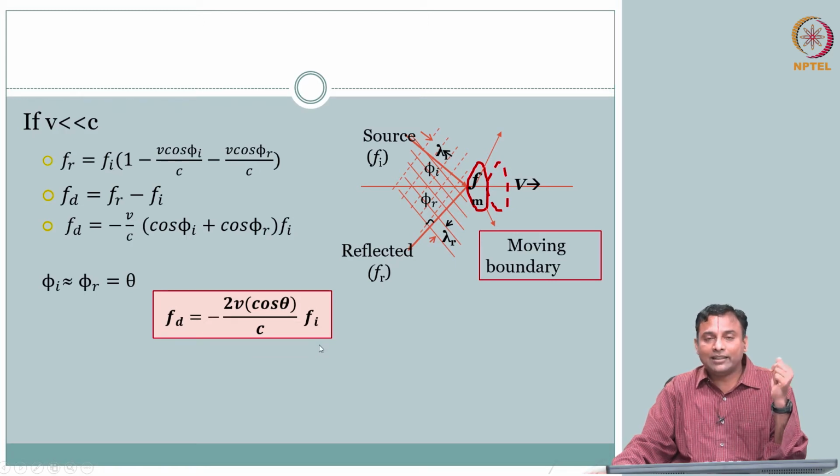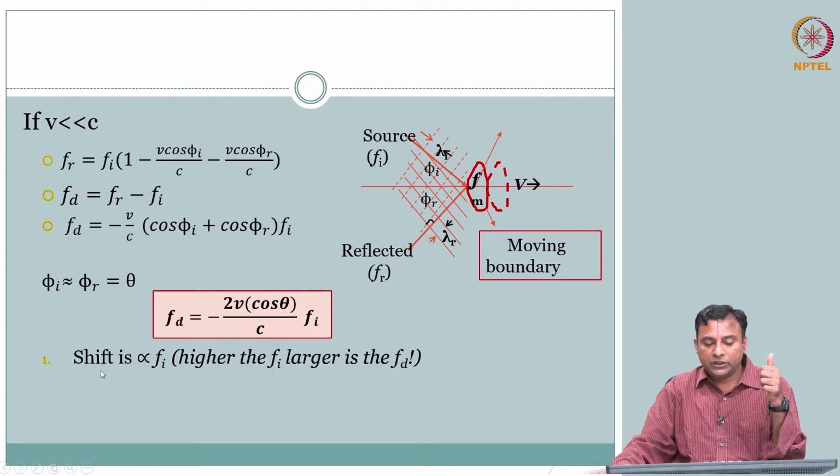Okay, what that tells you is, if I want to increase the Doppler shifted frequency, I can also increase my Fi. So this itself is not a big deal. Shift is proportional to Fi, so the higher the Fi, the larger the Fd.